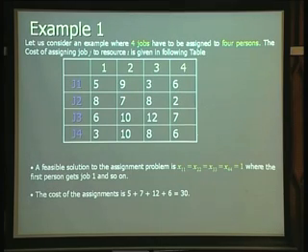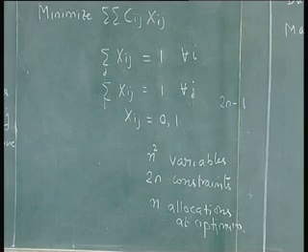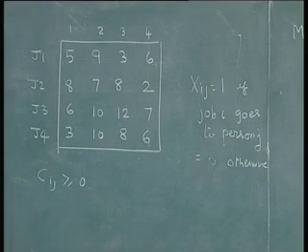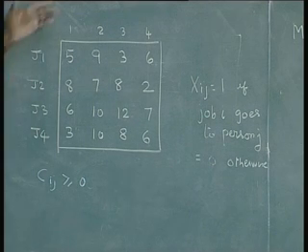The first condition would be that the Cij's are greater than or equal to 0. It is a very reasonable assumption to have the Cij's greater than or equal to 0, because if some people are going to do some jobs, they are going to charge some money.